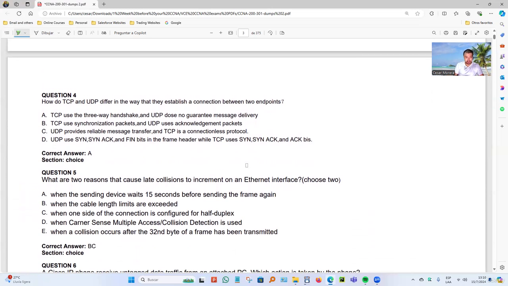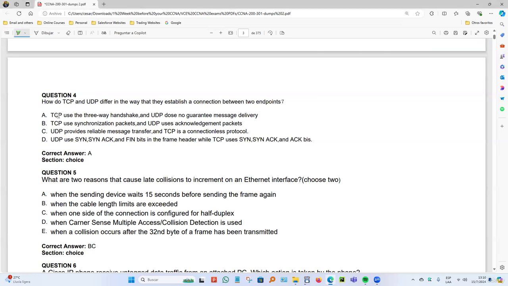How do TCP and UDP differ in the way that they establish a connection between two endpoints? TCP is reliable and UDP doesn't guarantee the message delivery. Let me stop sharing the video for a moment and analyze this question. We have the different choices.